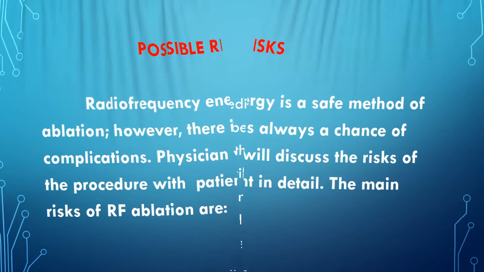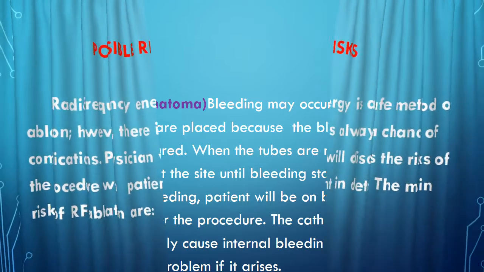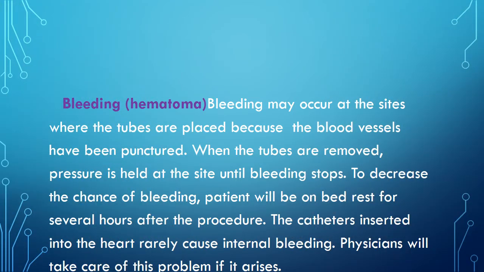The main risk is bleeding at the puncture site. After removal of the tube, since we are puncturing the artery, we have to apply arterial pressure to stop the bleeding, and to decrease the chance of bleeding, the patient must take strict bed rest for at least 8 hours after the procedure. The catheter inserted into the heart may rarely cause internal bleeding, and the physician or cardiologist will take care of it if it arises.